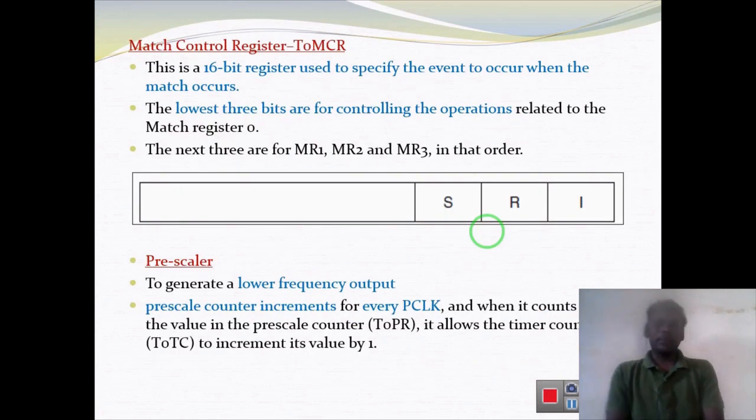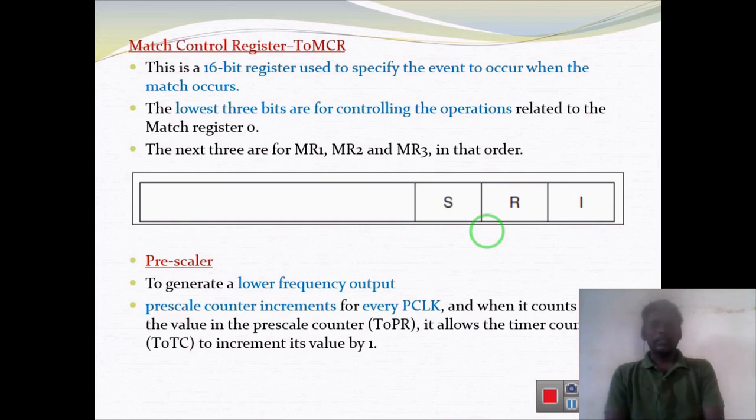The next very important register is the match control register. The control register size is 16-bit. An event occurs when there is a match between the match register value and the timer counter value.